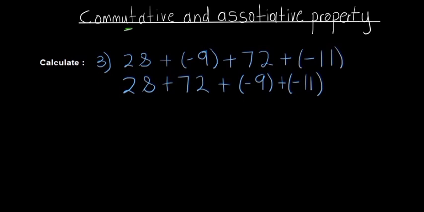So now we're going to try and find a group that can add to 100, and that group is the group on the left. So we're gonna add a 28 to a 72 to get 100.